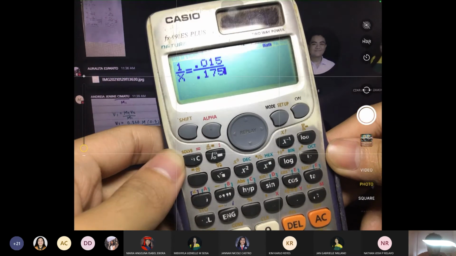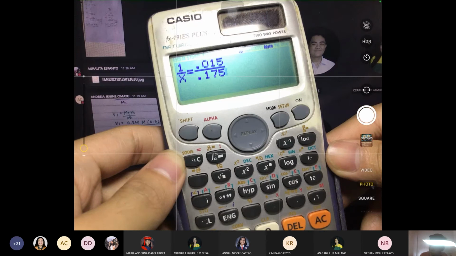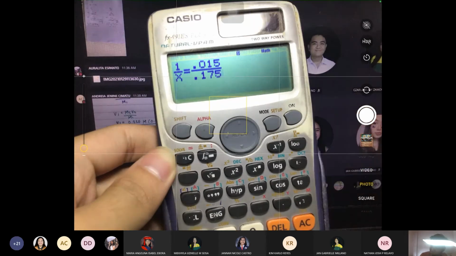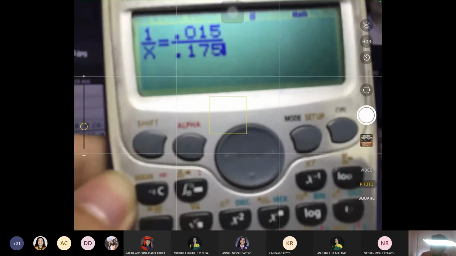Okay? So, this is our ratio and proportion written in the calculator. So, again, ito ay 1 tablet. This is 15 milligrams of iron per tablet. This is X grams of tablet, X tablet. And this is the corresponding mass of the iron needed.